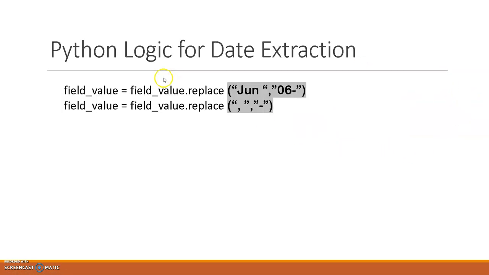This is the logic we are going to use in IQBot, the date extraction Python logic: field value equals field value dot replace JUN with 06 hyphen, and there is another comma. There should be a hyphen for the date.